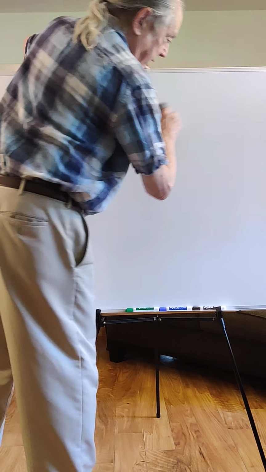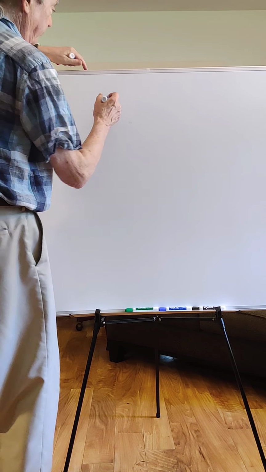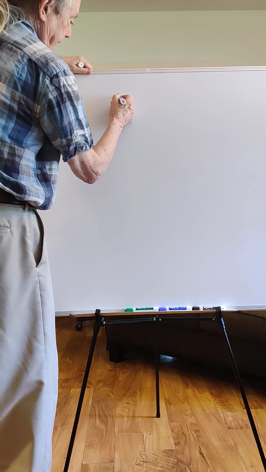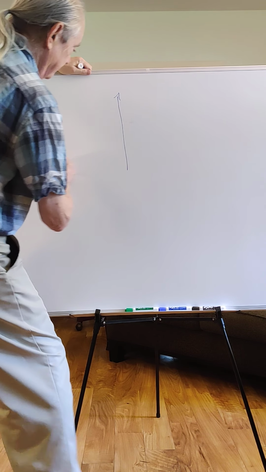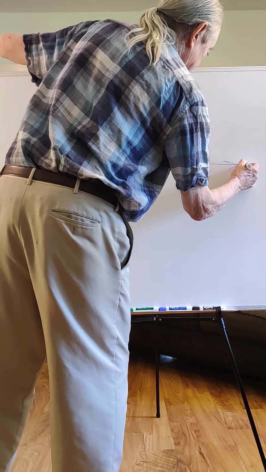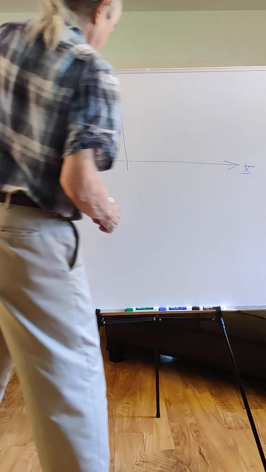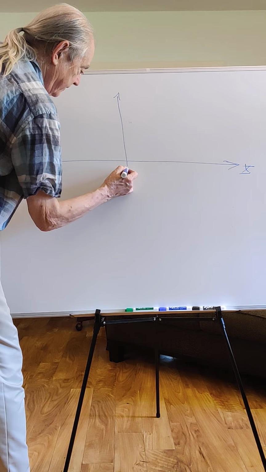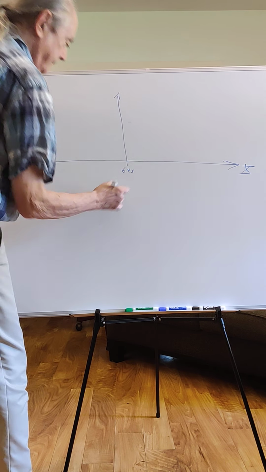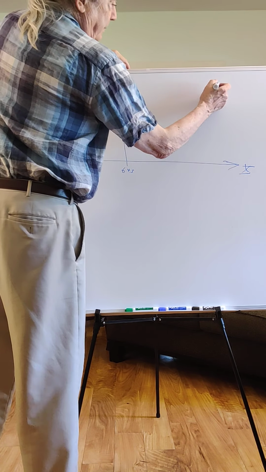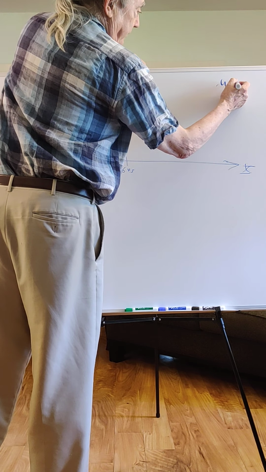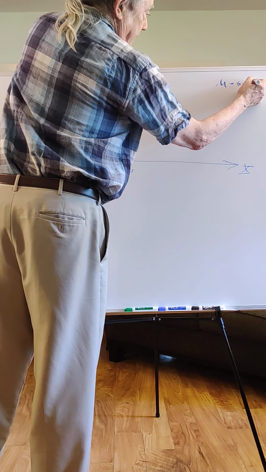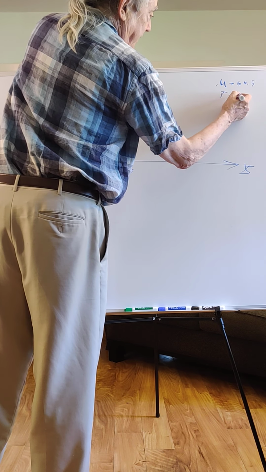So let's begin by, I want to draw a sketch of this normal distribution. Okay, so the mean here is 64.5. I'll remind you of that. The mean is 64.5. The standard deviation is 2.5.